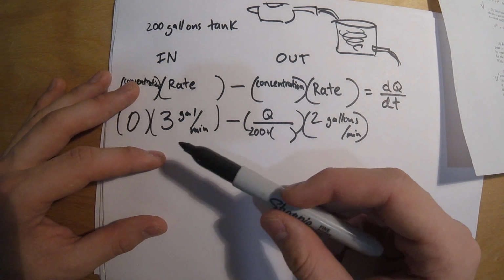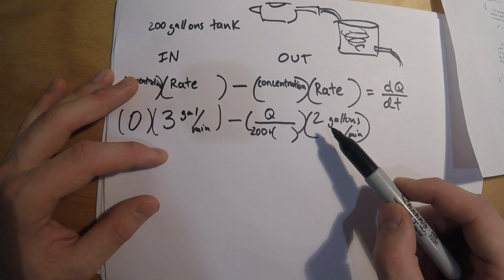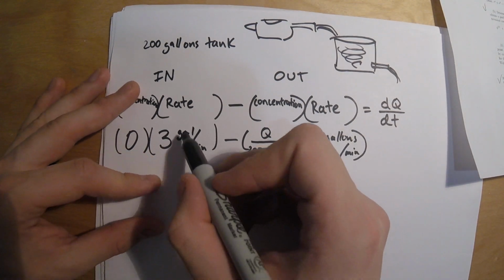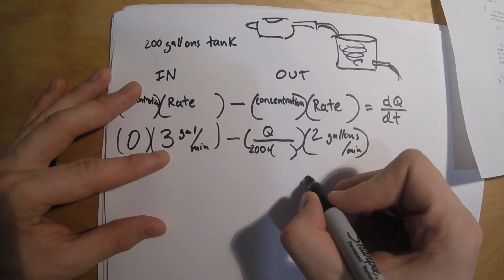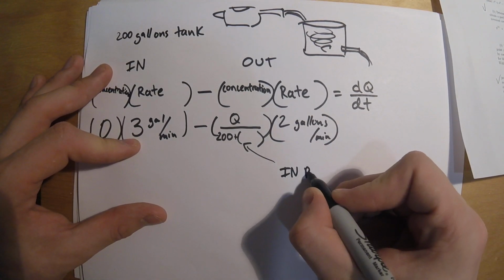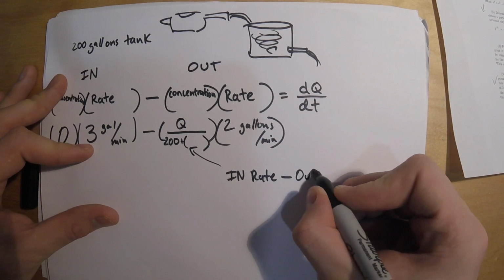That means that every minute there's more water coming in than going out. So what we have to do is take this rate, the in rate minus the out rate.